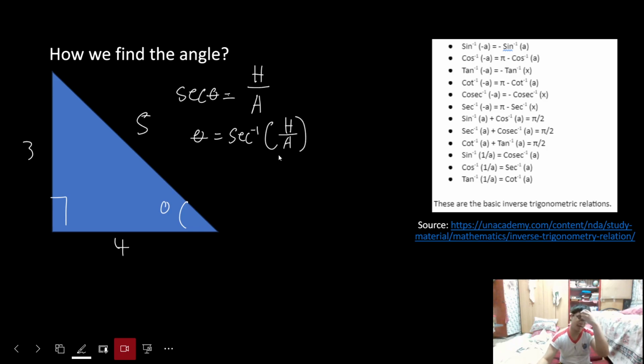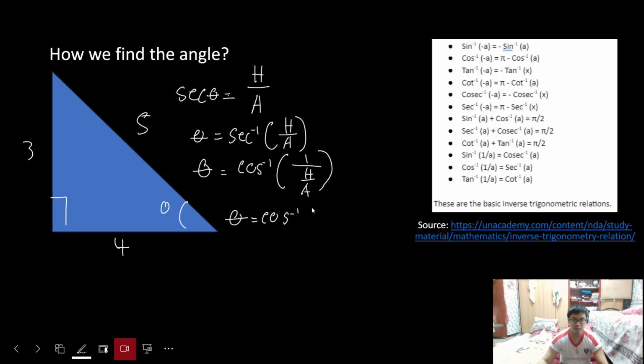However, again, commonly we do not have the button for arc secant in our scientific calculator. So we're going to use its equivalent, which is theta is equal to arc cosine of 1 all over h all over a. Now we can substitute. This is arc cosine of 1 all over 5 all over 4.